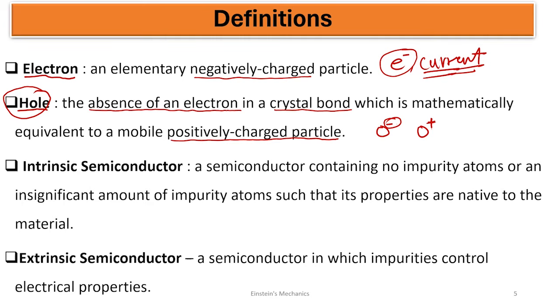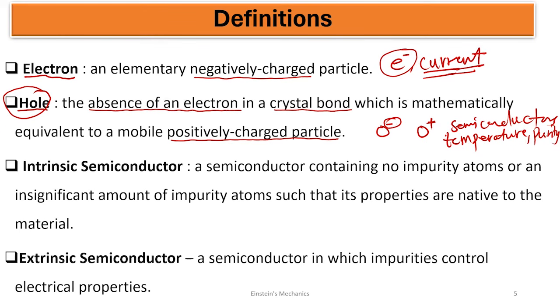So in discussing semiconductors, we are also going to come across the words intrinsic semiconductors and extrinsic semiconductors. Now, we saw from the previous slide that the property of semiconductors depends on some parameters, such as what? We have temperature, right? We also have purity.